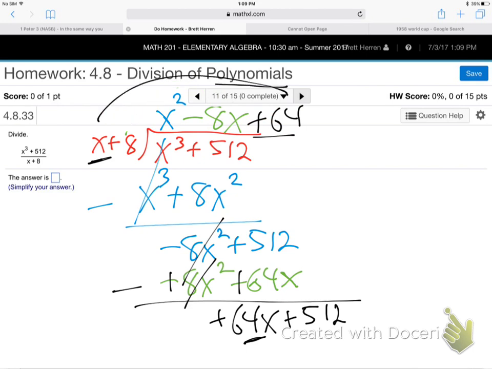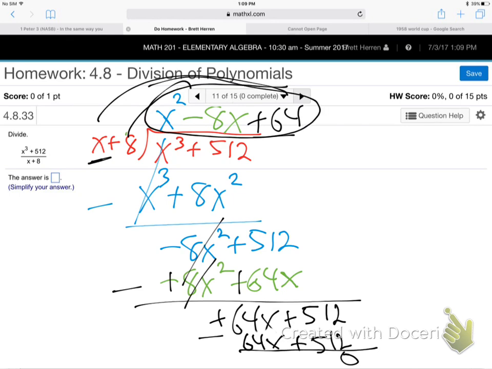The 64 times x will be 64x. 64 times 8 is 512, isn't it? So you subtract and it's 0. No remainder. So there's the answer right there.